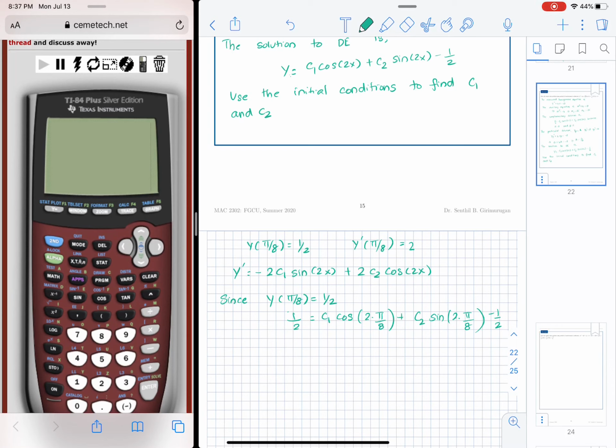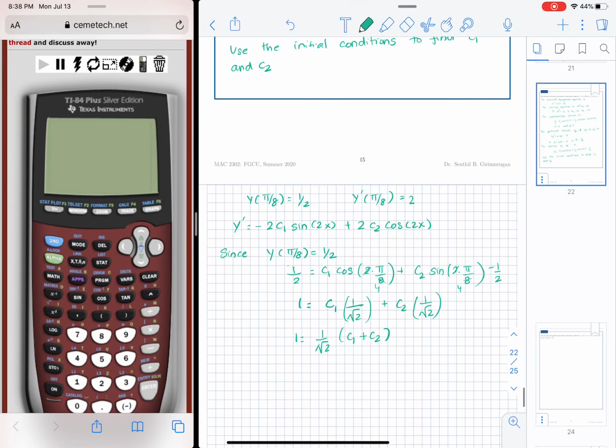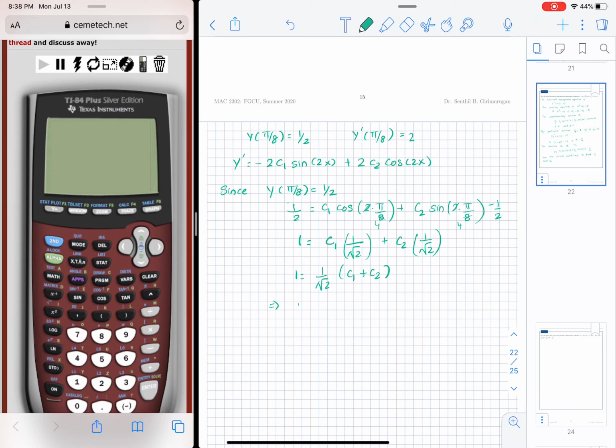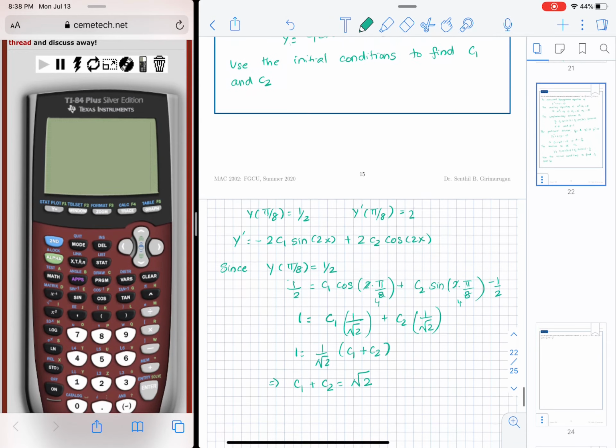And if we add 1/2 on both sides, well, the 2 and the 8 would go away. We have pi over 4. And cosine pi over 4 is 1 over square root of 2. And it is the same for both sine and cosine. So I will have 1 over square root of 2 times c1 plus c2. So we get c1 plus c2 is simply equal to square root of 2.